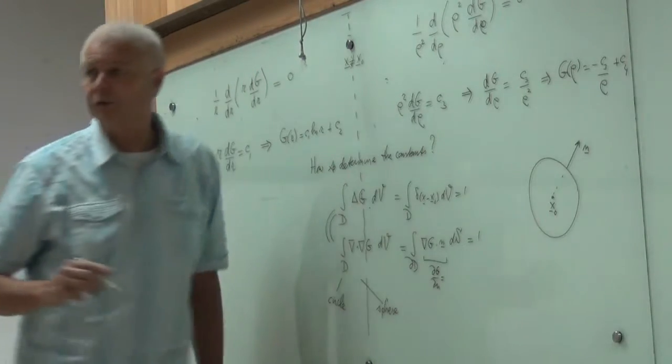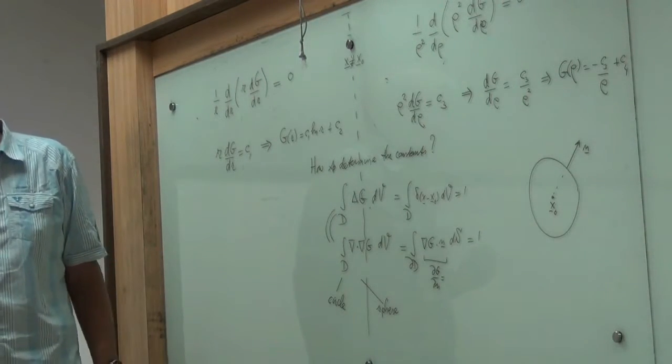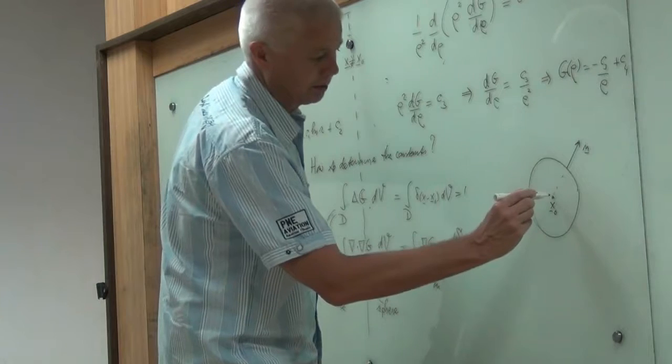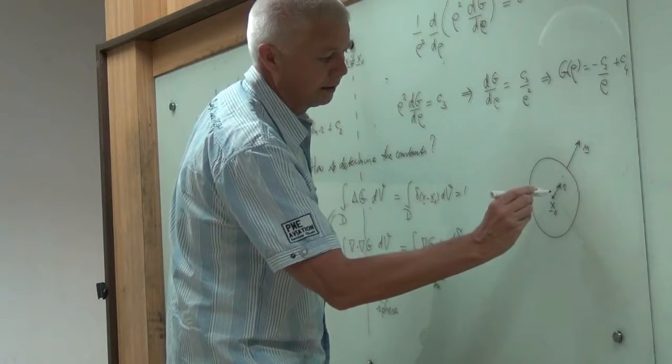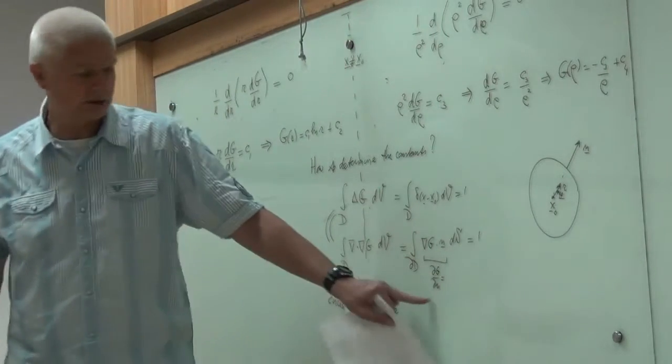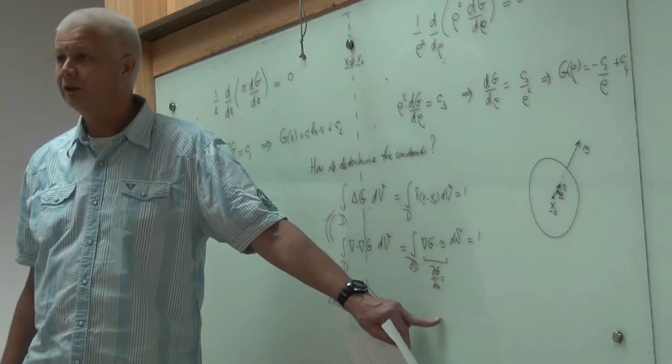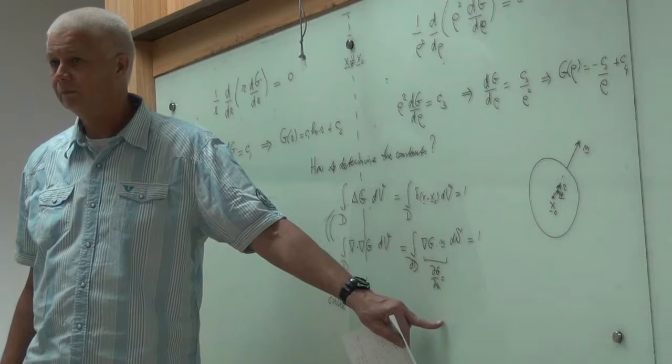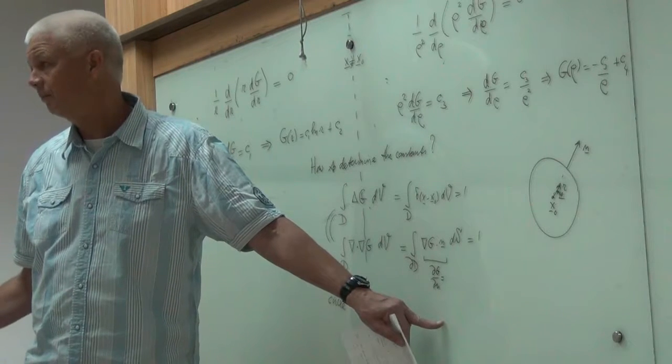And for the circle, if I introduce polar coordinates, so I introduce r and phi, what is this directional derivative?